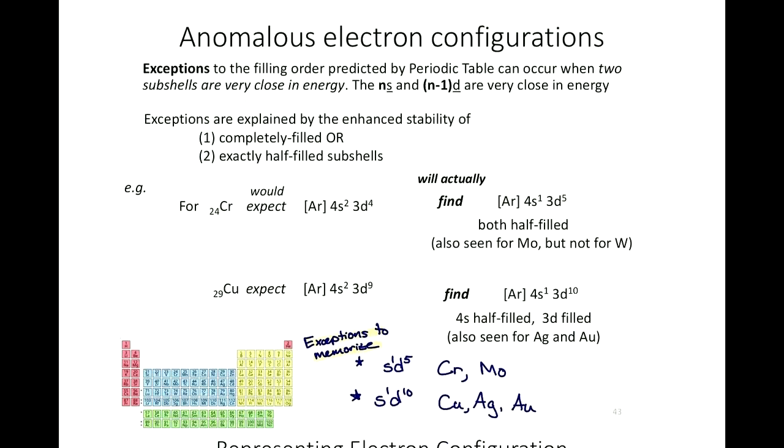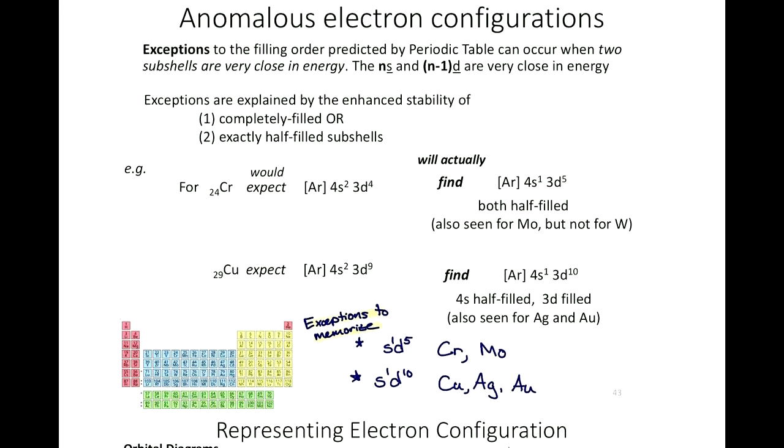So there are some anomalous electron configurations where it doesn't really follow the way that I showed you off the periodic table. Some of those are all of the elements in the group with chromium in it and the group with copper in it.